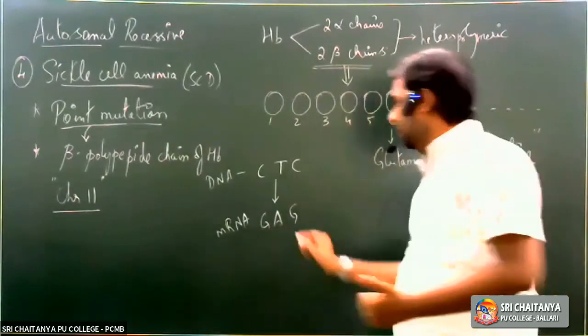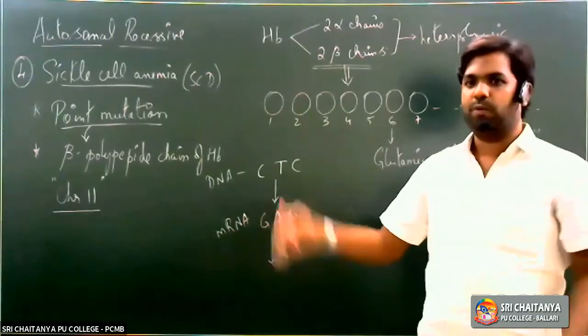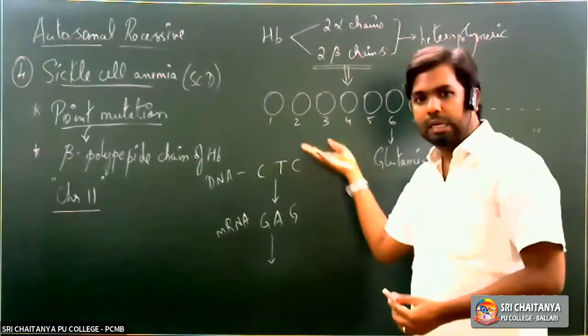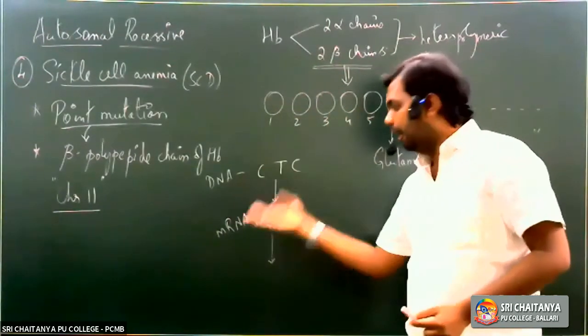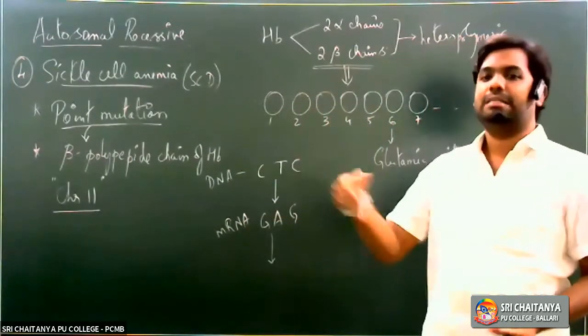After transcription, the next process is translation. This is what we call the central dogma of molecular biology: DNA gets converted to RNA through transcription, and mRNA is transformed into proteins through translation.